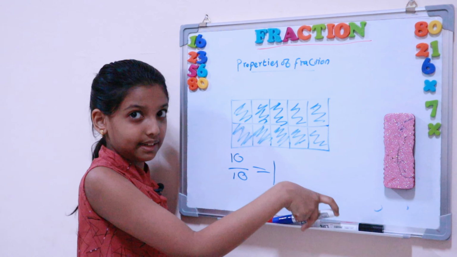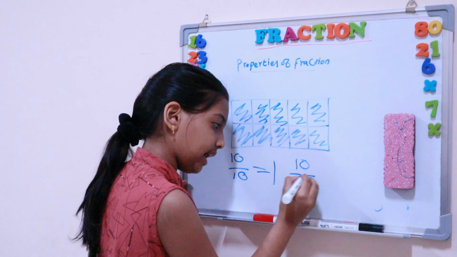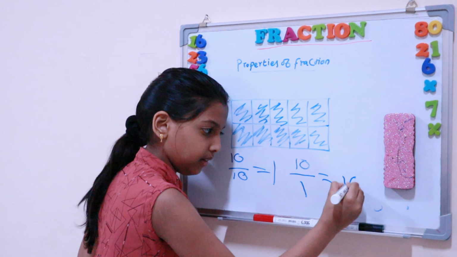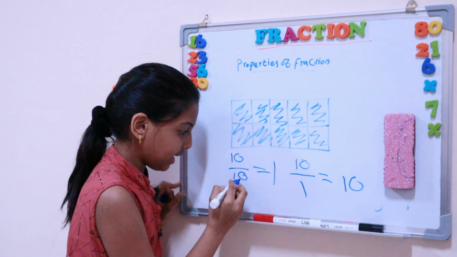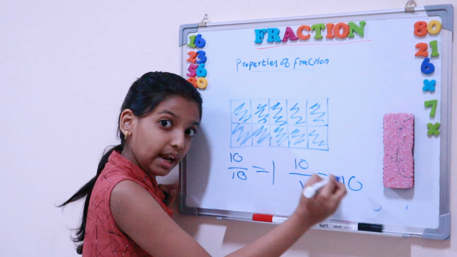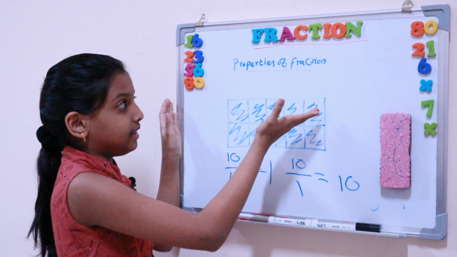It can also be written as 10 by 1 is equal to 10. Just like 10 by 10 is 1, we can write 10 by 1 is equal to 10. I hope you understood properties of fraction.